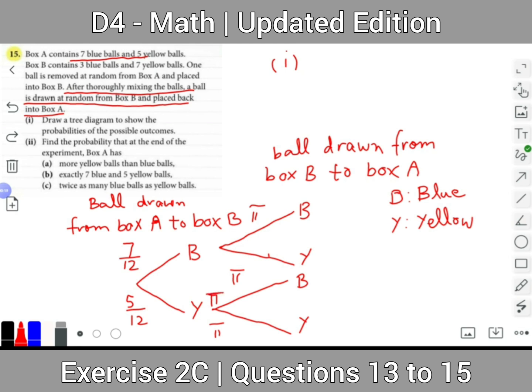And since in the box B there were 3 blue balls, and when we placed one ball back into the box A, the total number of blue balls will become 4. So here we have the probability 4 over 11, and for the case of yellow balls we have 7 over 11.